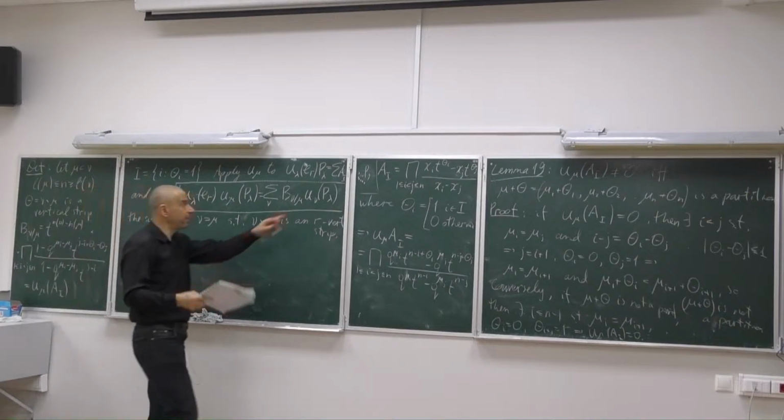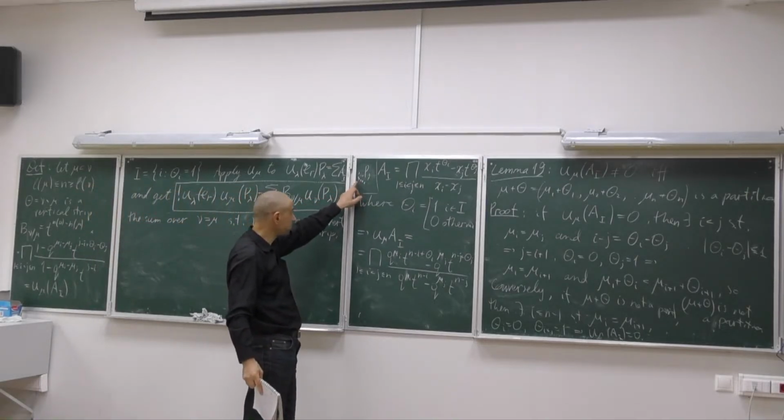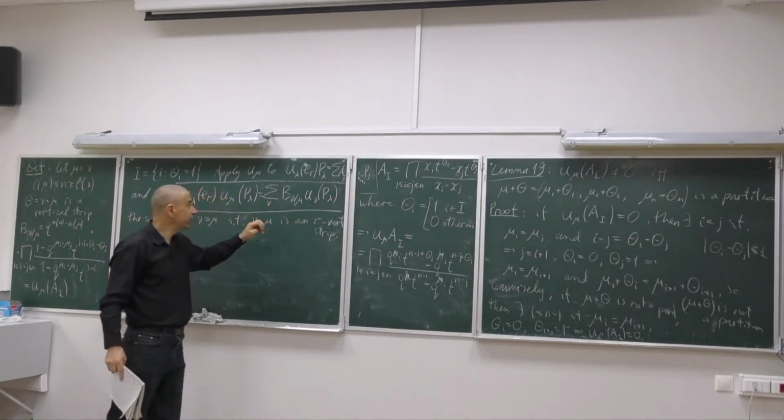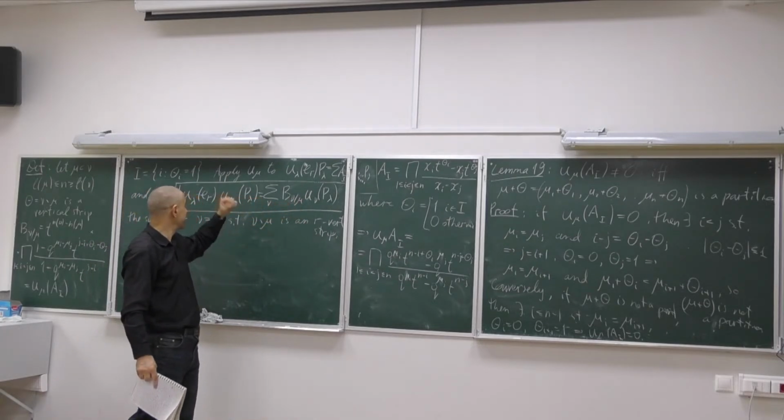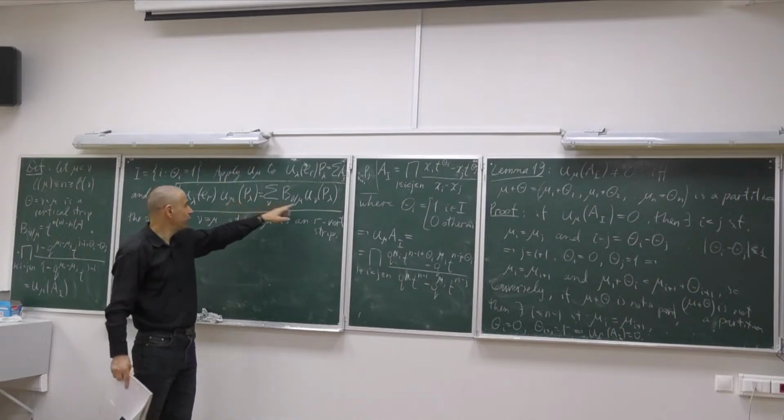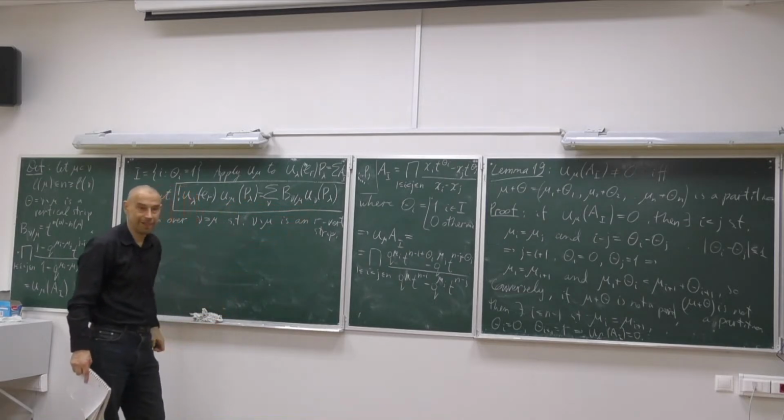Well, they are the products of shift operators, and the products of shift operators under this evaluation result in changing u mu to u nu.